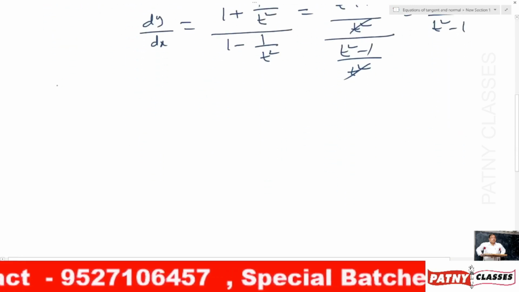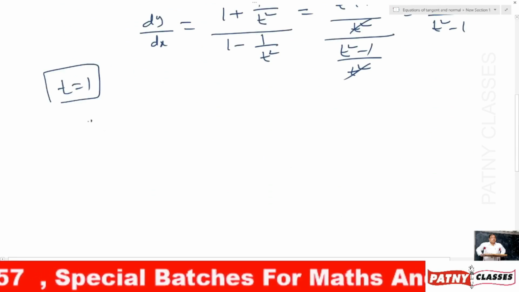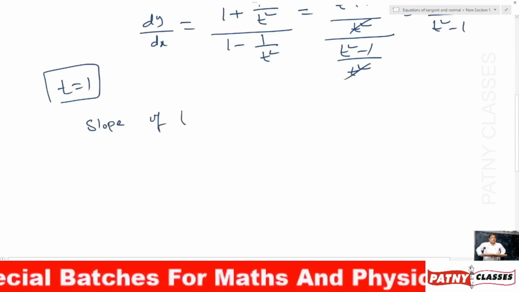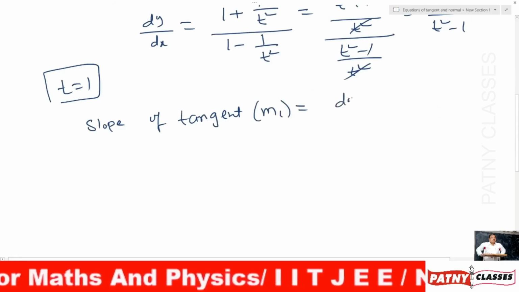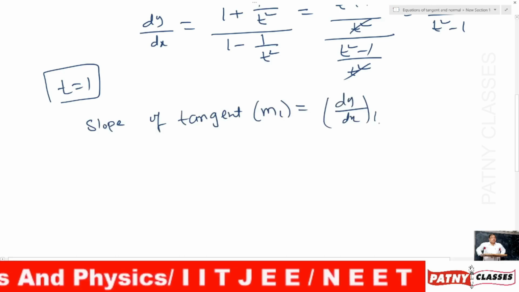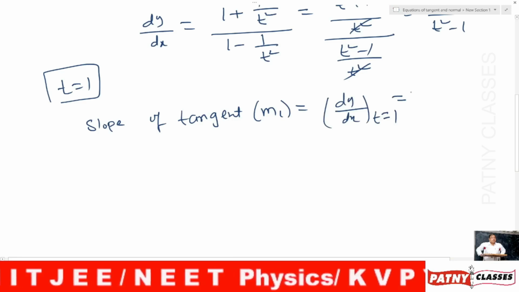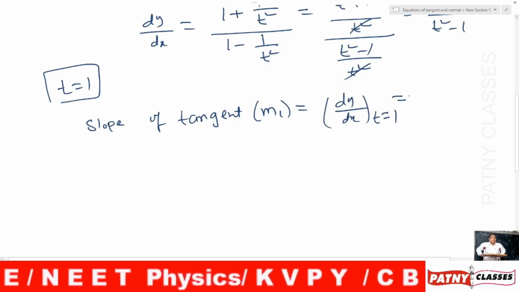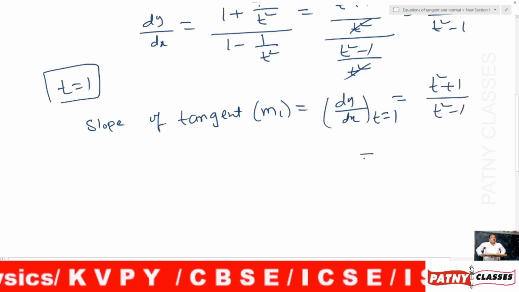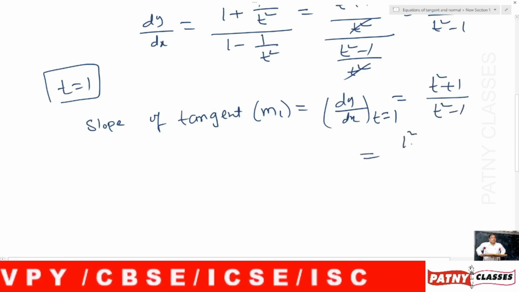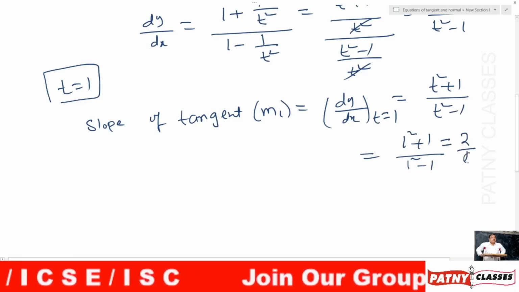Now after getting this, we should recollect that the parameter value t equals 1 is given to us. So slope of tangent, as usual, m1 equals dy by dx, putting the value of the parameter. Till now we were having x1, y1, but in this question we are having t equals 1. So putting t equals 1 in t square plus 1 upon t square minus 1, we get 1 square plus 1 upon 1 square minus 1, that becomes 2 upon 0.